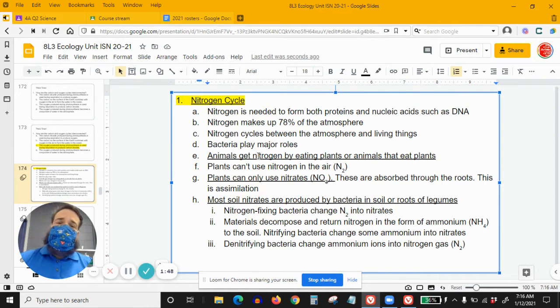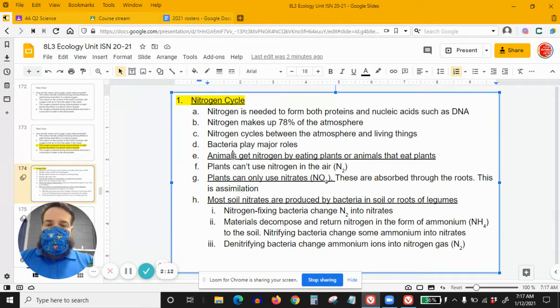So there has to be some way of converting the atmospheric nitrogen into a usable form, or you could think of it as fixing the nitrogen so that you can use it. Okay? Bacteria is that step. Nitrogen fixing bacteria is what it's called, and they help make nitrogen usable.